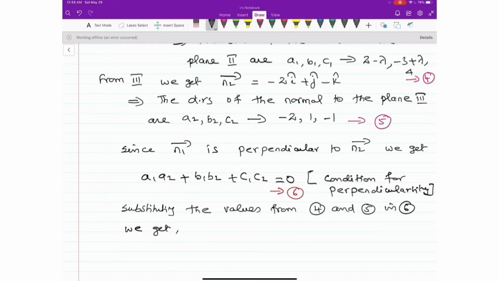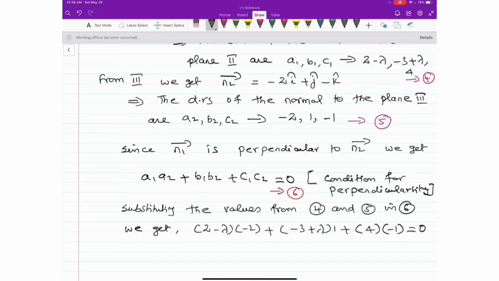So 2 minus lambda is your a1, a2 is minus 2. So (2 minus lambda) into minus 2 plus b1 b2. Minus 3 plus lambda is your b1 and b2 is 1, into 1 plus c1 c2. c1 is 4 and c2 is minus 1, should be equal to 0.